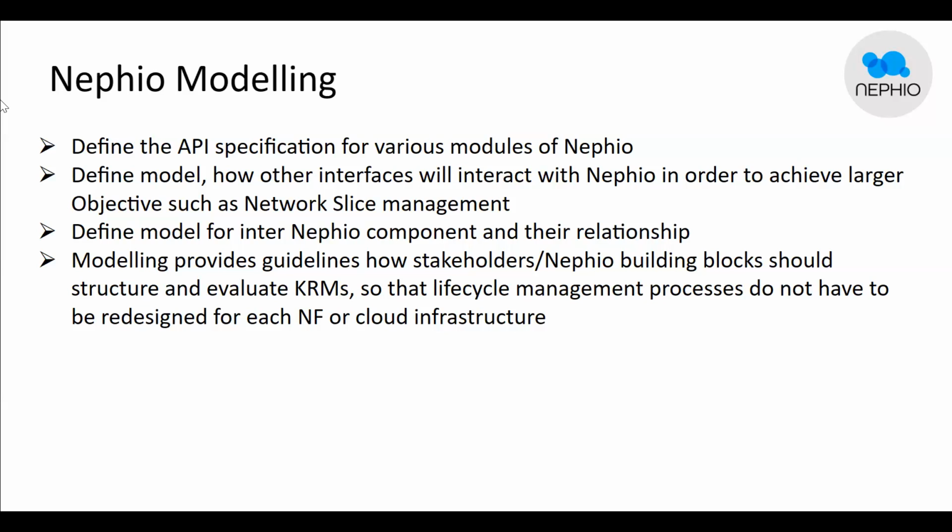Different animal, right? One is dealing with how do I model the Nefio enablers. The other deals with how do I model the applications that get deployed in a Nefio environment. Maybe they're both, but I think you better separate them.